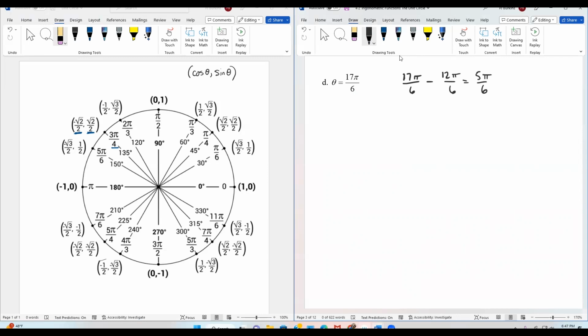And that is an angle that should be on my unit circle. It's right here. So I can go ahead and start doing my trig functions.